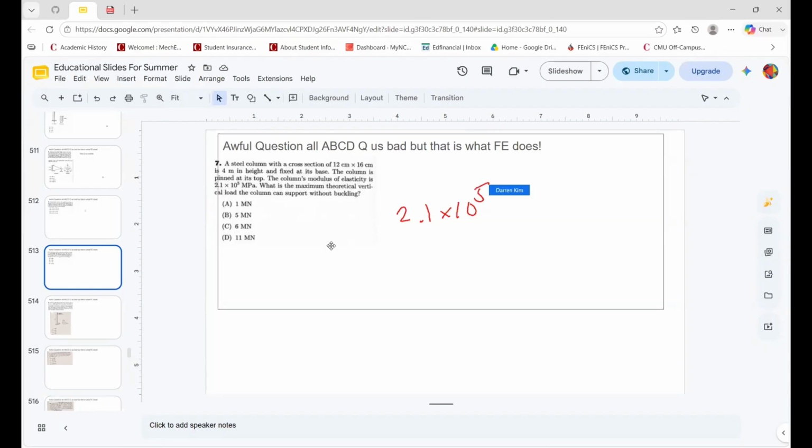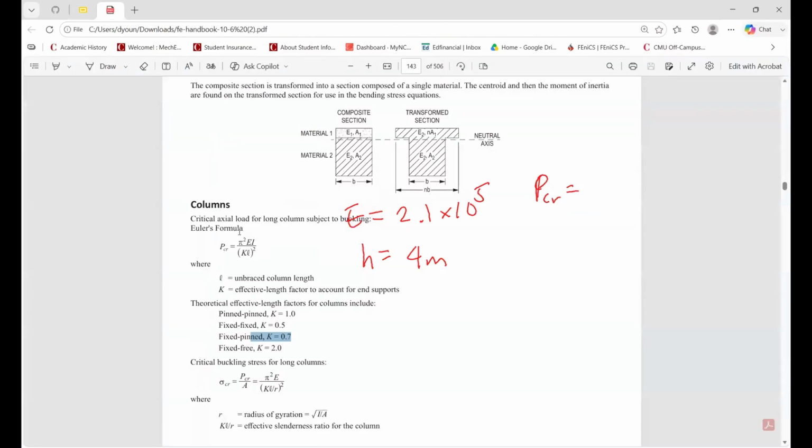Okay. And the height equals 4 meters, and then we have the cross-sectional area. What are we looking for? We're looking for the maximum theoretical vertical load, so the critical load. This is basically using this equation.